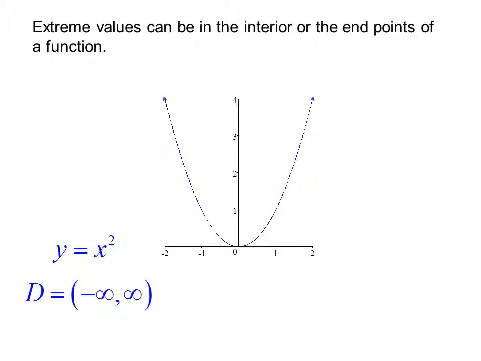In this example, y equals x squared, where the domain goes from negative infinity to positive infinity. We have an absolute minimum at 0, 0, but no absolute maximum. The function just keeps increasing.